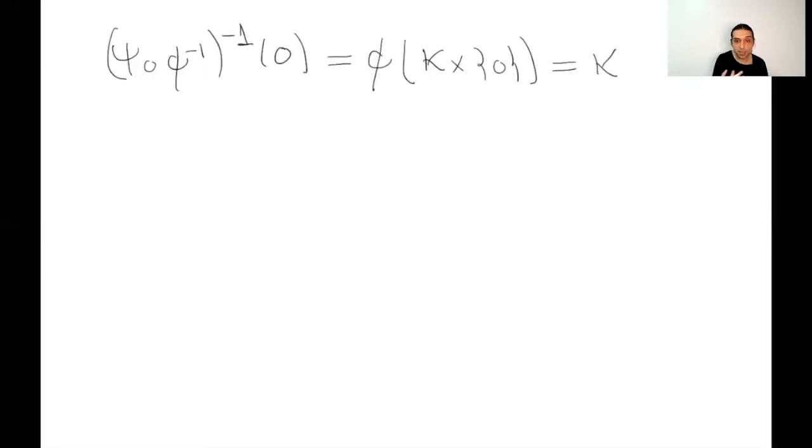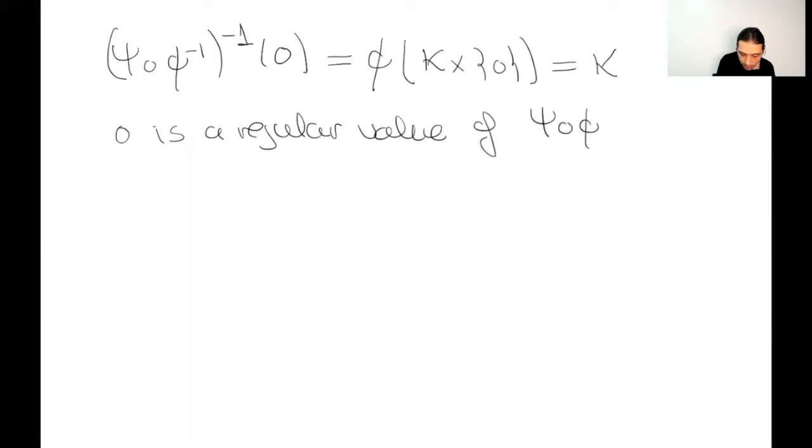So the preimage of the regular value is exactly k. And by construction, because these psi t's are embeddings for all t, what we get is that actually 0 is a regular value of the composition. And so we get a result.